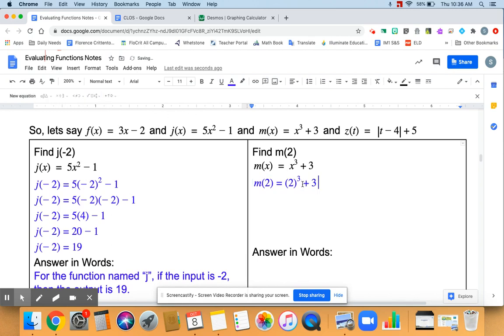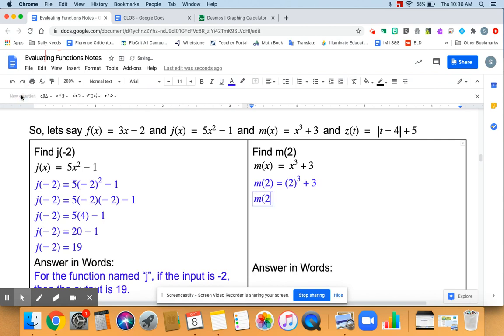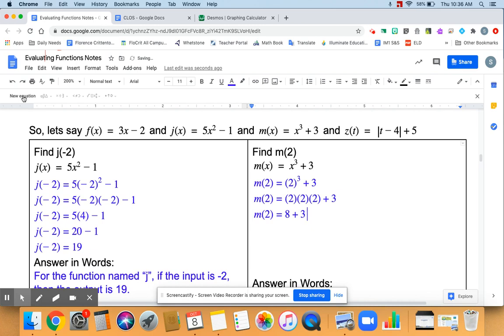And then I still have plus 3. So 2 cubed means 2 times 2 times 2. So 2 times 2 times 2 is 8. And then when I do 8 plus 3, I get 11.